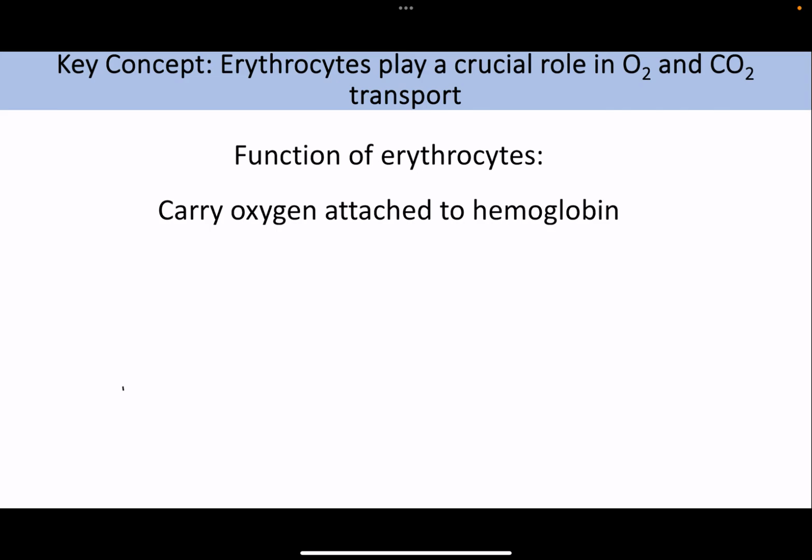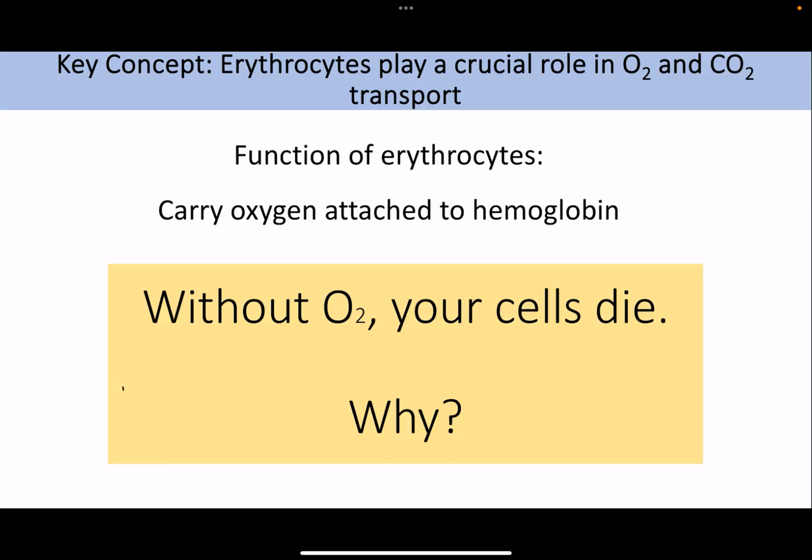So again, the function of these erythrocytes is to carry oxygen that's attached to hemoglobin and deliver that to tissues all over the body. And so without oxygen, your cells die. Why do your cells die without oxygen? They can't produce ATP, right? If you don't have energy to keep the cell running, those cells die.